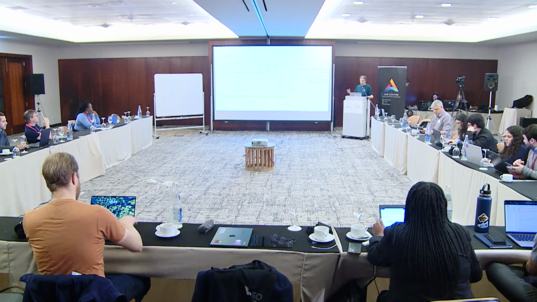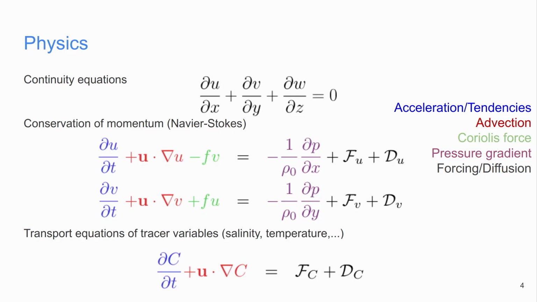Then you have the conservation of momentum, the typical force equals mass times acceleration, but for fluid dynamics in the form of the Navier-Stokes equation, which tells you that the acceleration of the fluid can only be due to a force like advection, Coriolis force, pressure gradient, other forcings, or diffusion of momentum. Similarly, for any tracers like temperature and salinity, you have a tracer balance.